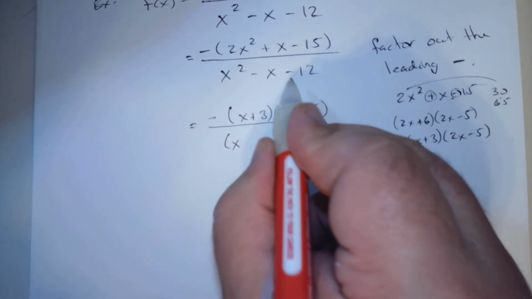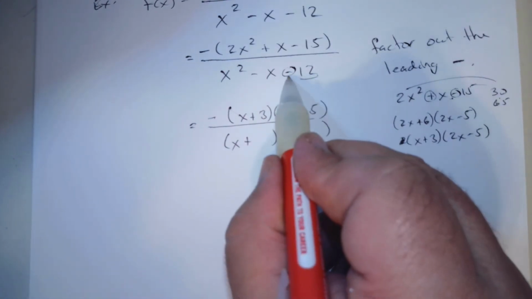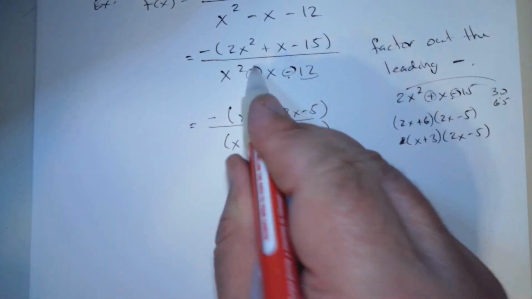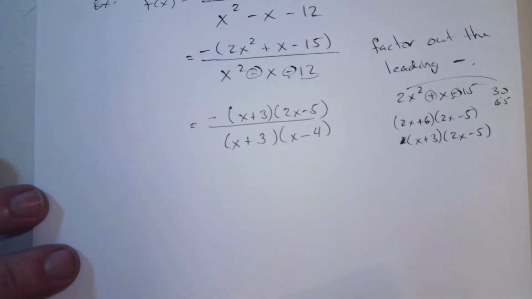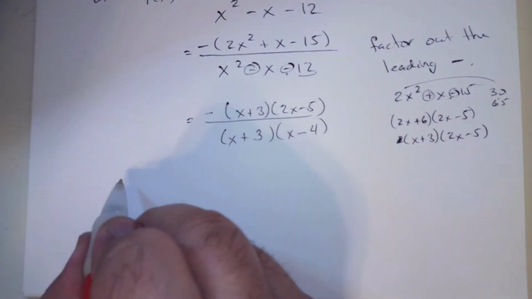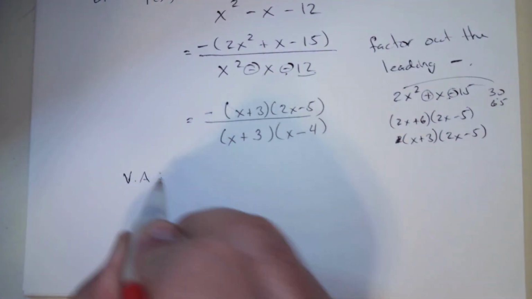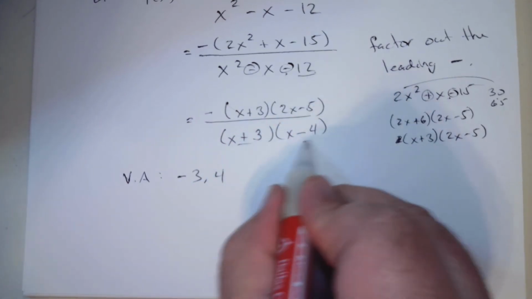For the bottom, x and x, opposite signs. What times what is 12? Subtracted, you get 1: 4 and 3, so the 4 gets the bigger one, negative. Vertical asymptotes are at negative 3 and positive 4.